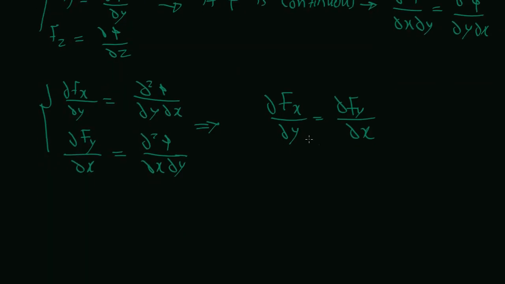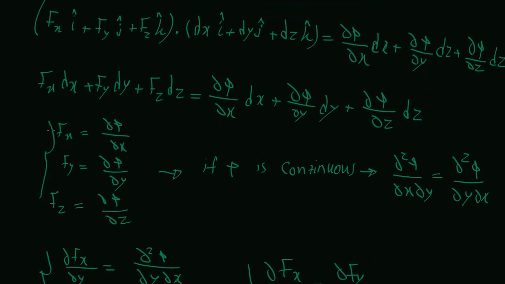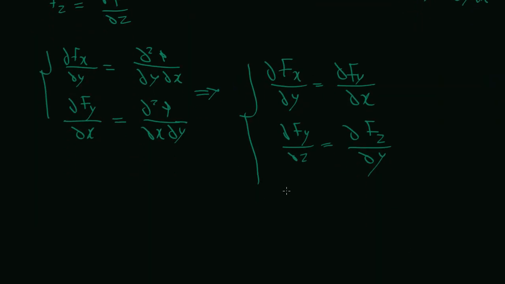So we get another equation: the derivative of Fy with respect to z is equal to the derivative of Fz with respect to y. And if I do the same thing for the first and third equations, taking the derivative with respect to z from the first and with respect to x from the third, again assuming continuous phi, we get the derivative of Fx with respect to z equal to the derivative of Fz with respect to x.